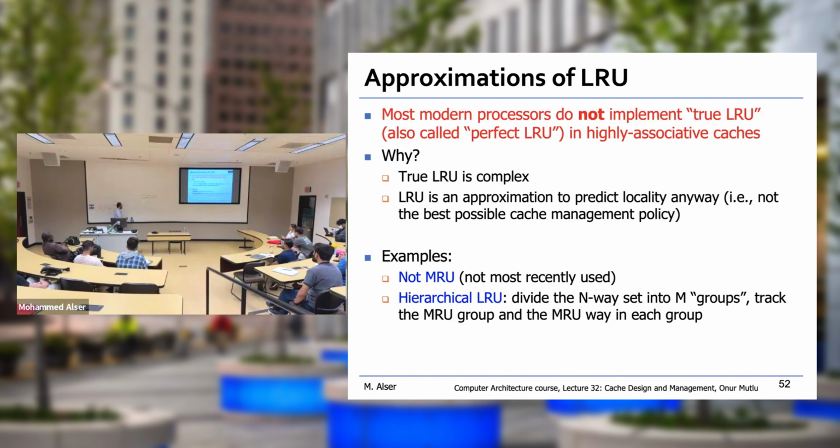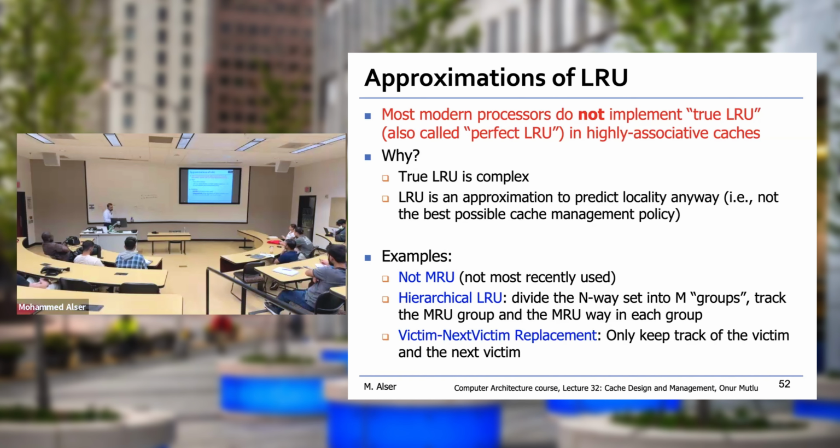For example, I have 4 ways in one set. I consider one region to be the candidate for replacement. This way, I need only 1 bit, either 0 or 1. Although it's 4 ways in one set, I subdivide the set into more groups, and then I mark one of the groups to be the candidate for replacement.